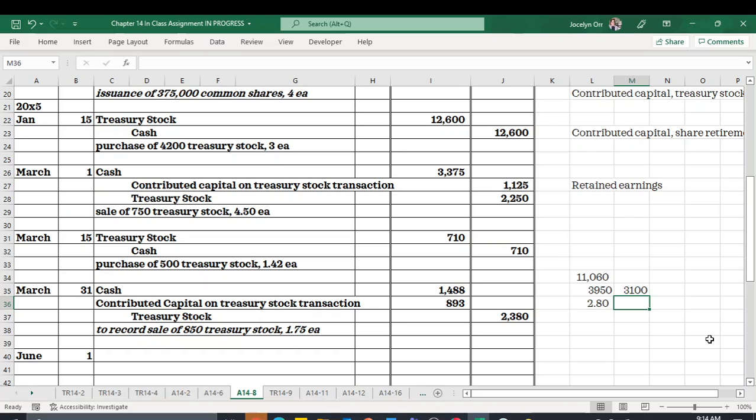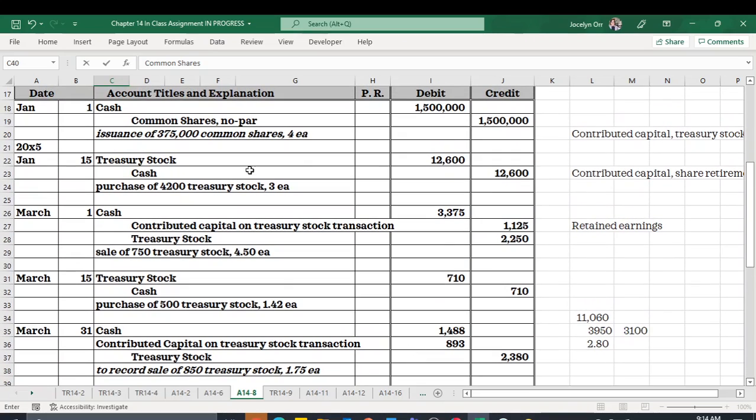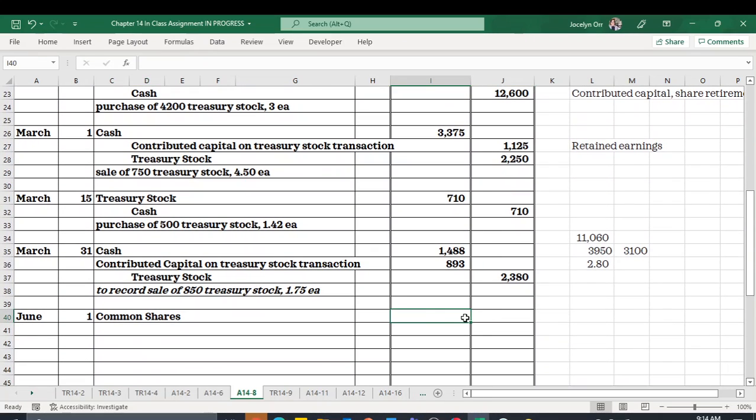Okay. So when we retire shares, we know that we are going to take them out of our common shares contributed capital. So this was this account that we used up here.